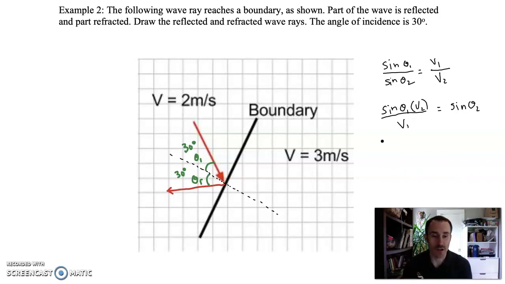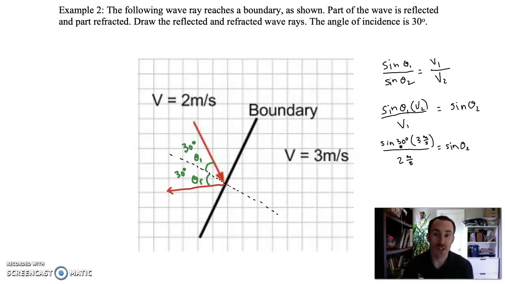So let's put in all our numbers here. Sine of 30 degrees times 3 meters per second divided by 2 meters per second is equal to the sine of theta 2, the sine of the angle of refraction.